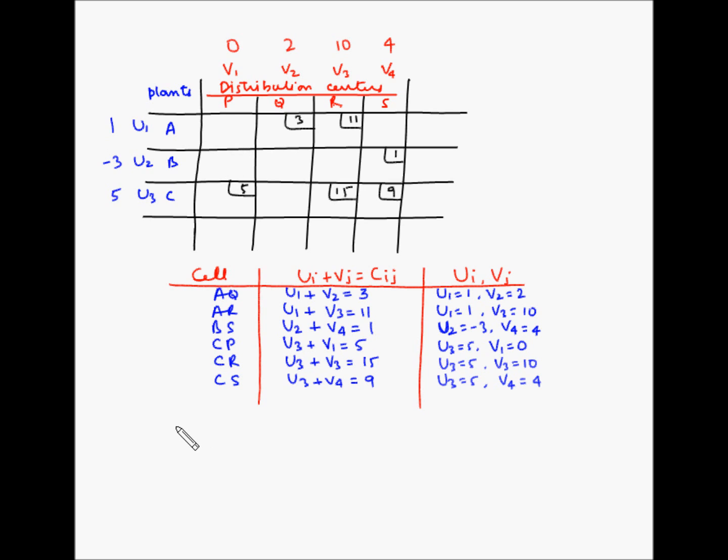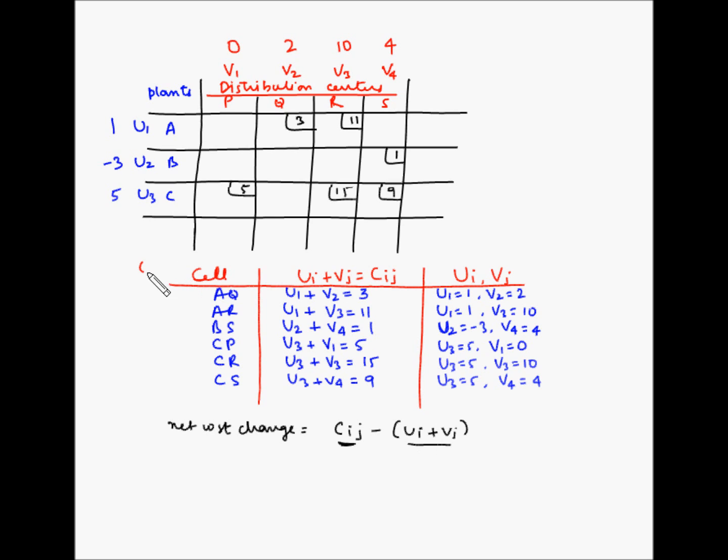And the net cost change is equal to Cij minus Ui plus Vj. Here Cij is the cost of the water squares. Cij is known as the actual cost and Ui plus Vj is known as the implicit cost.